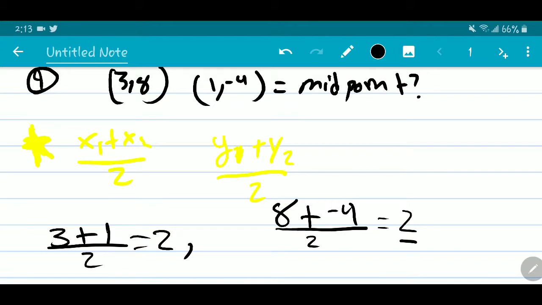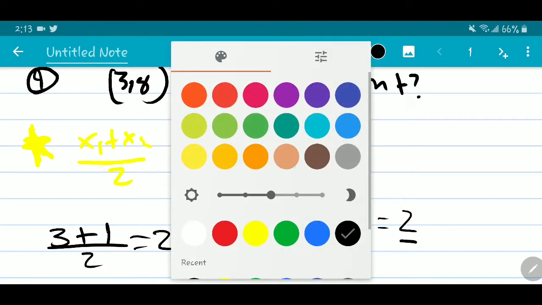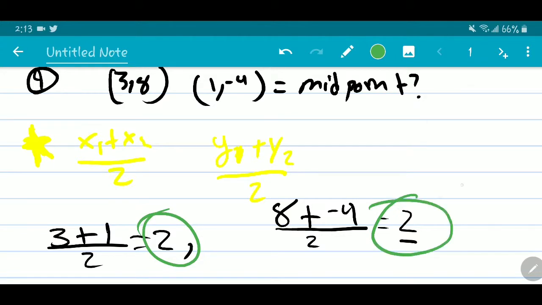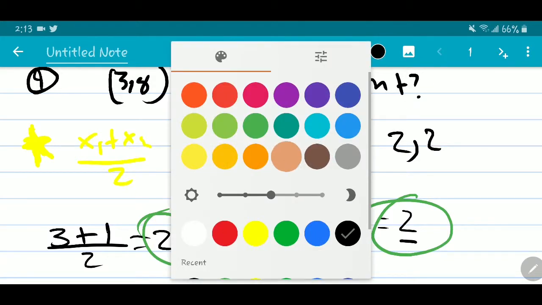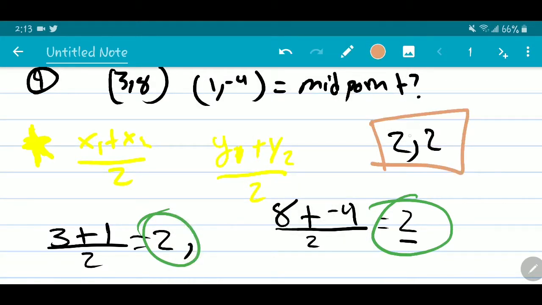So our midpoint, using these two numbers that we just got, is 2, 2. And this is our answer, and it is answer choice D.